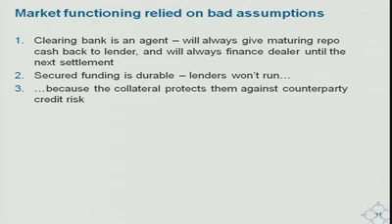So there were really kind of 3 bad assumptions I'd like to go through. One is that the clearing bank is an agent. We see that that was really not the case. There was nothing technically requiring a clearing bank to unwind on any given day. Even though I don't think people, again, really connected with that fact. People tended to view it as more of a committed line. It was not committed. The second bad assumption, the durability of secured funding.